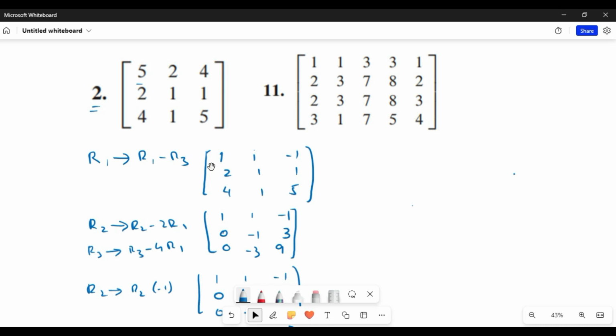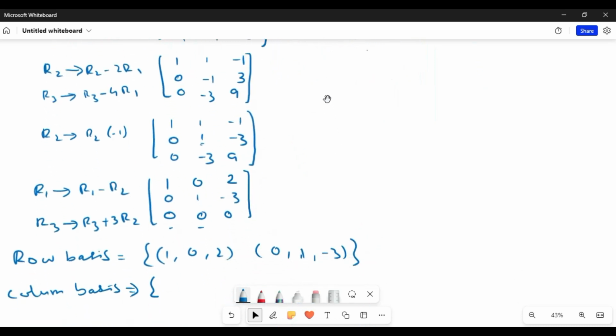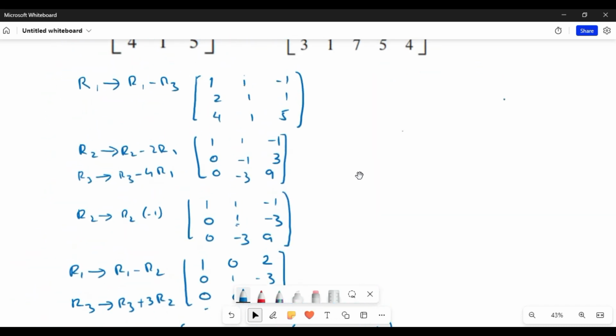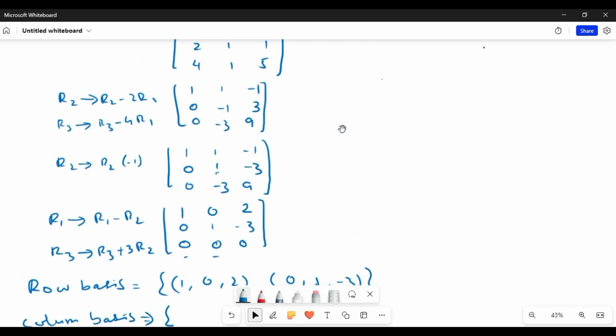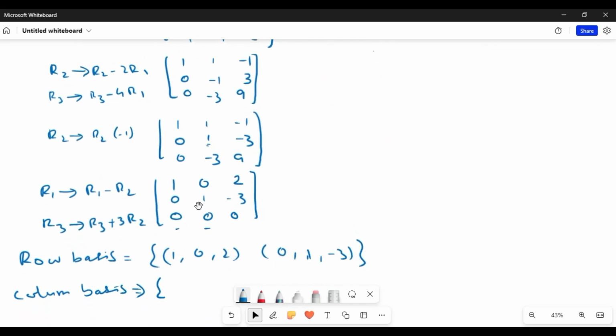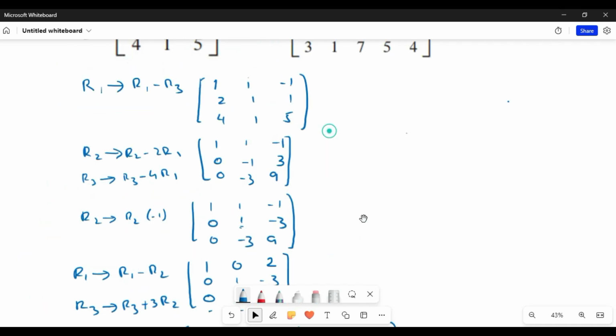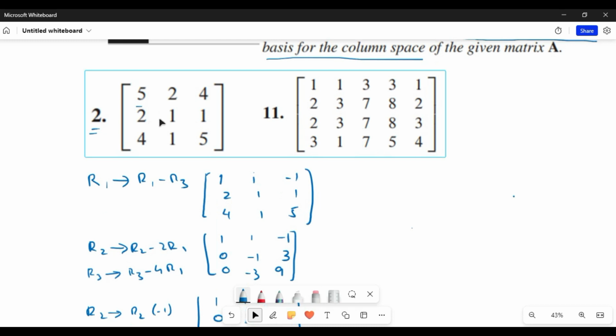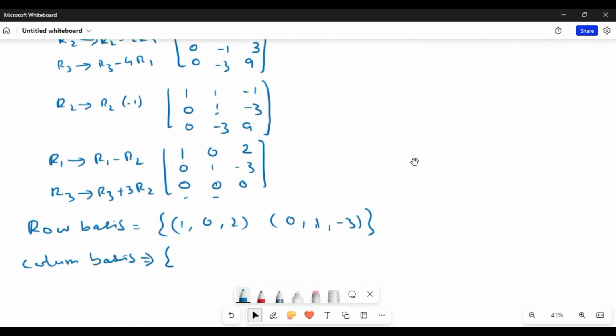So the resulting matrices may be equivalent to the original one in rows, but not in the columns. Columns are not equivalent. So from the positions of the leading elements, we find the columns, and the corresponding columns from the original matrix should be picked for the column basis.